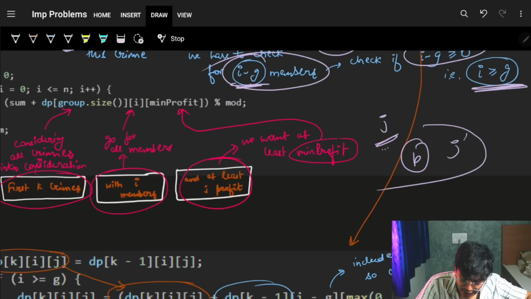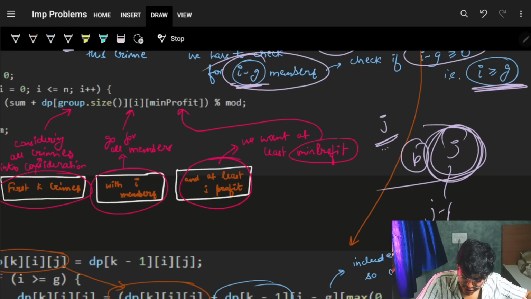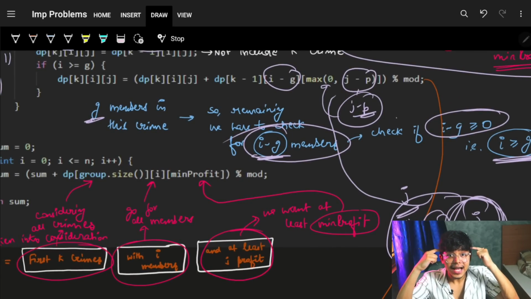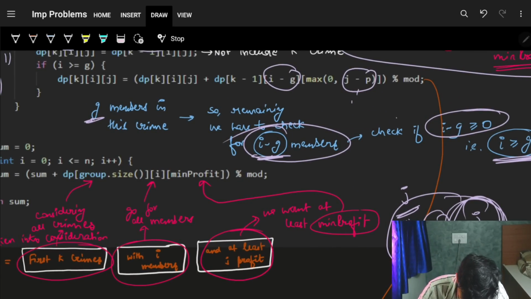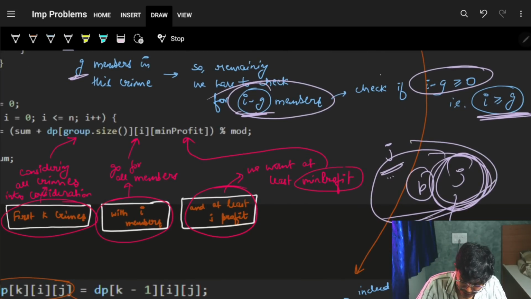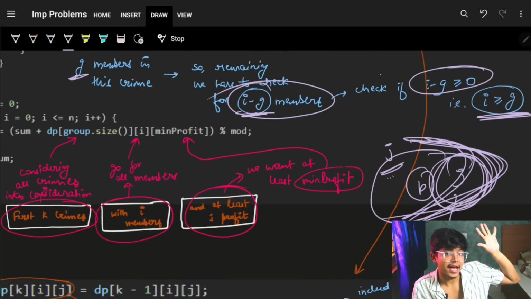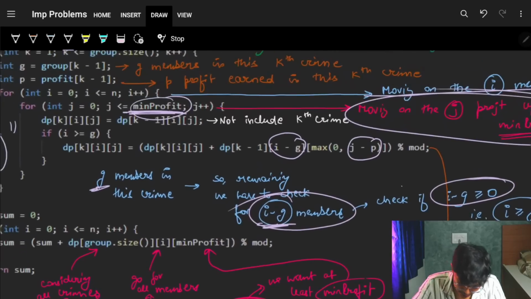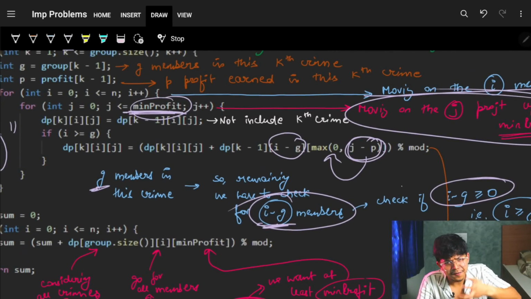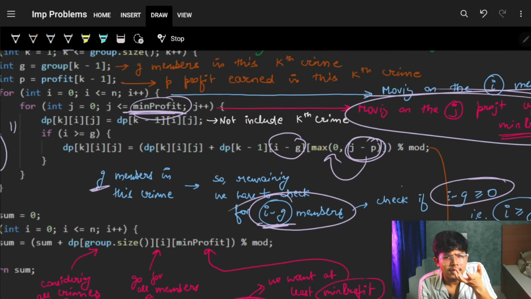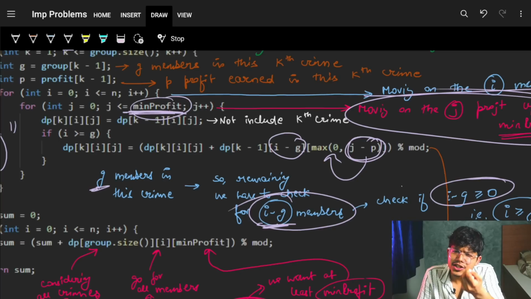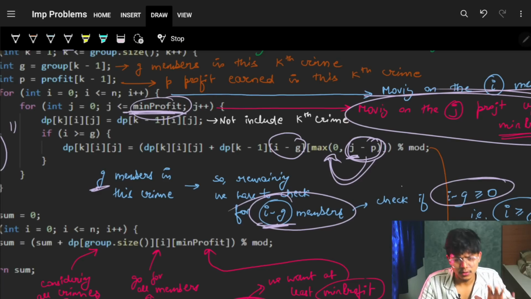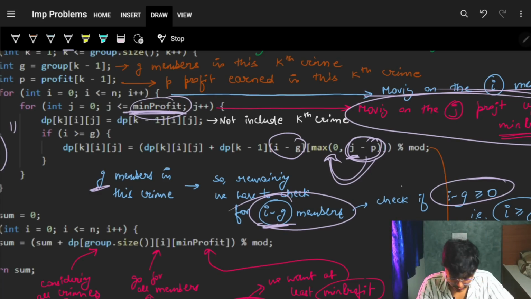But if it is less, then I have to worry about the remaining part, which is J minus P. It is what I just did, because I'm concerned about only my profit up till J, because I just want at least J as profit. After that, I don't want it, because my J is done, I'm good. So it is J minus P, and if my P exceeds my J, because I required at least J profit, if that at least J is done, then I can just say whatsoever I have for 0, I'm good.